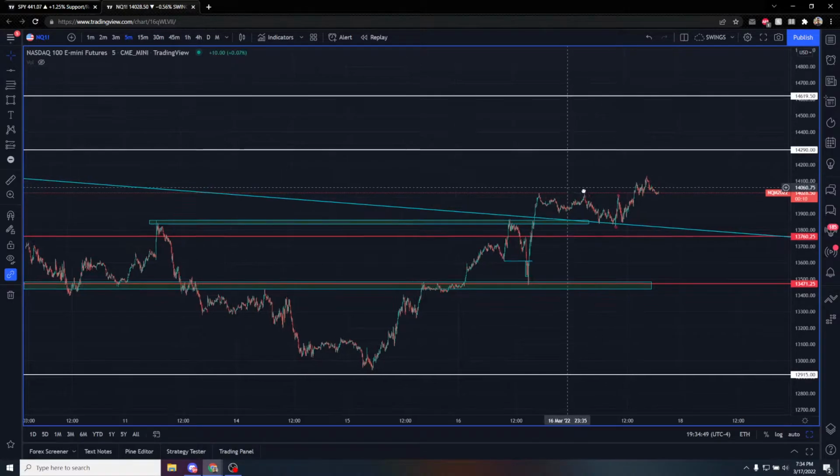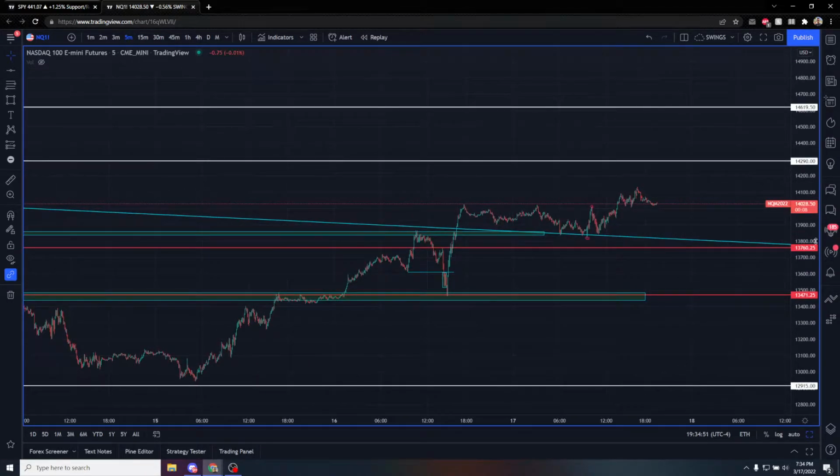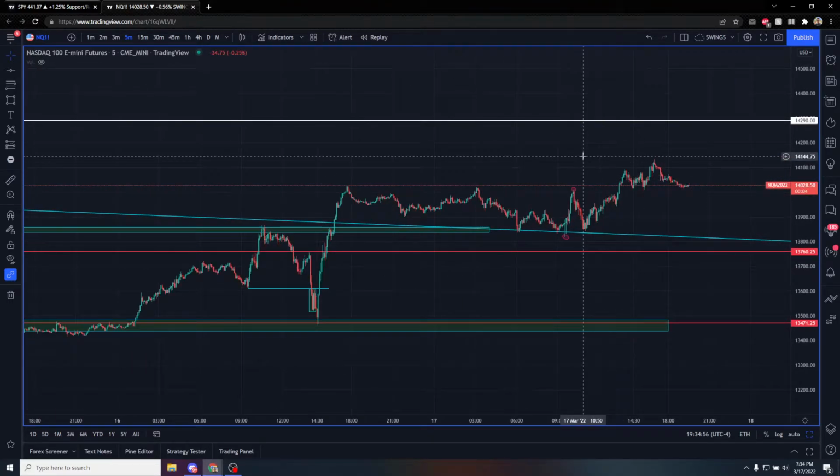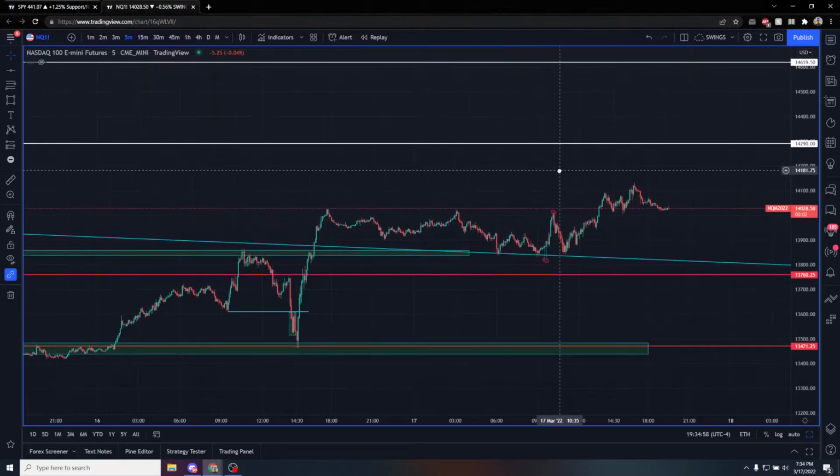But I want to keep it really simple because it can get really complicated. But first, I want to talk about the current situation between Ukraine and Russia and why that conflict has been very volatile in the futures market. So Russia is a huge exporter of wheat and oil and also gas.